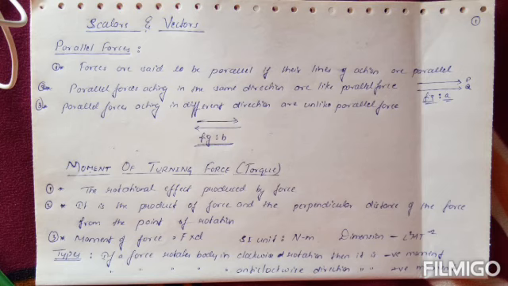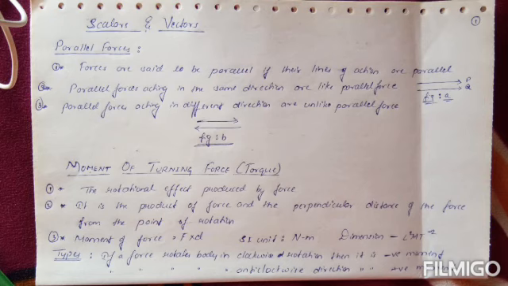Next one, moment of a turning force, or else moment of torque, it can be called. The first point is the rotational effect produced by the force. It means when a force is applied to some body, if it rotates, then the effect is called a moment of torque. Second point, it is the product of the force and the perpendicular distance of the force from the point of rotation.